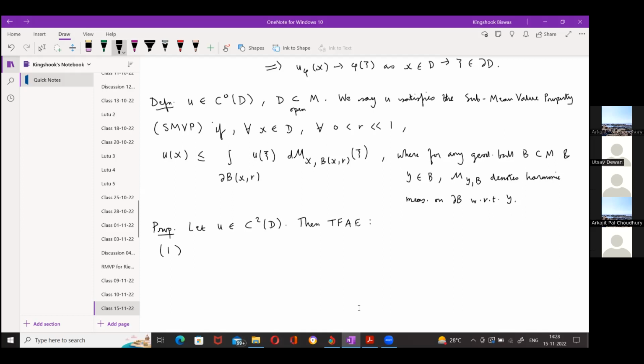One, the Laplacian of U is greater than or equal to 0 for all x in D. And two, U satisfies the submean value property.